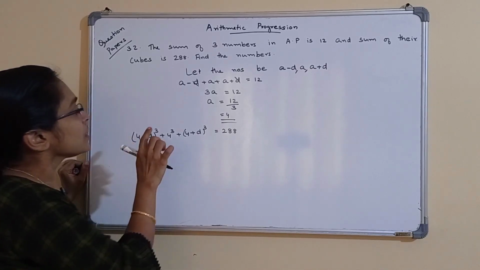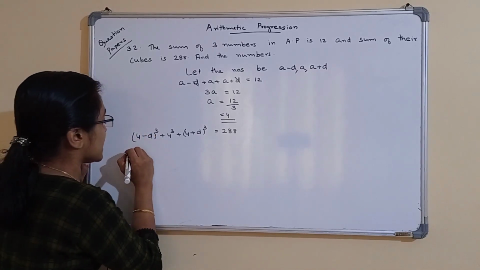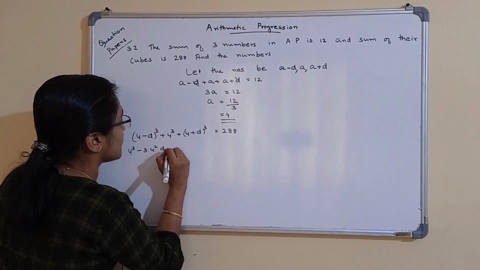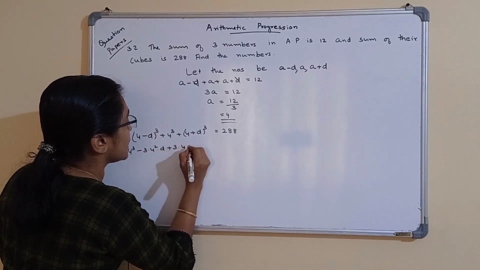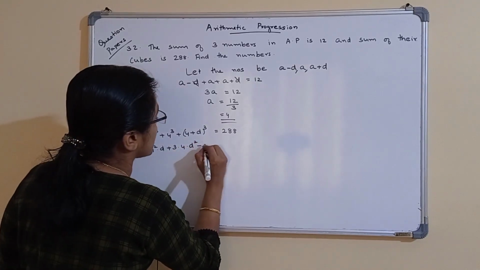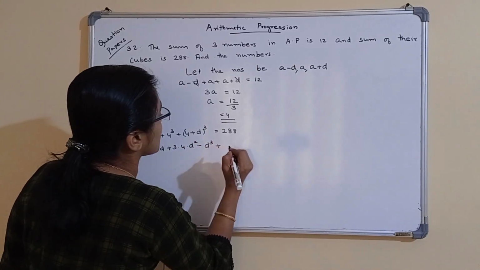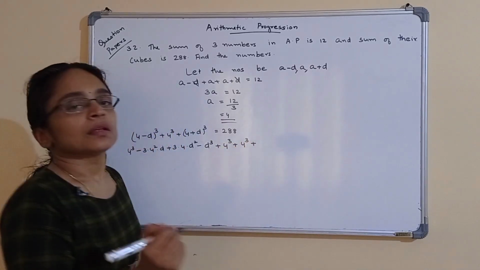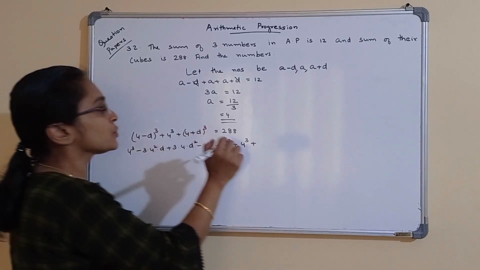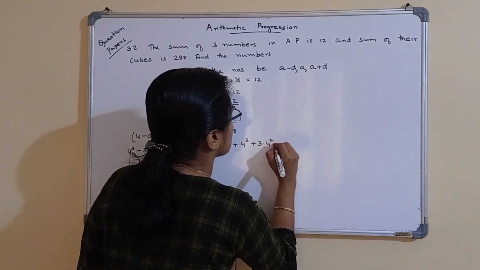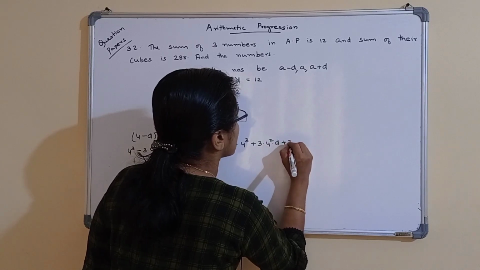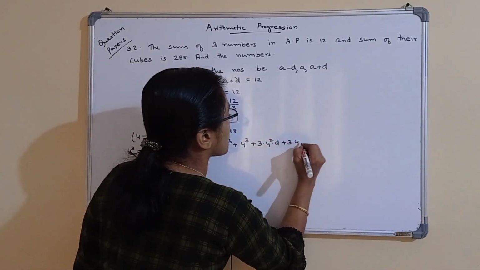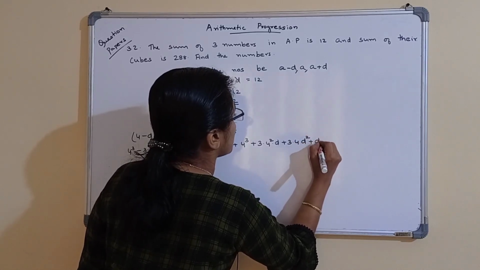Now, a minus b the whole cube is a cube minus 3a square b plus 3ab square minus b cube, and a plus b the whole cube is a cube plus 3a square b plus 3ab square plus b cube.